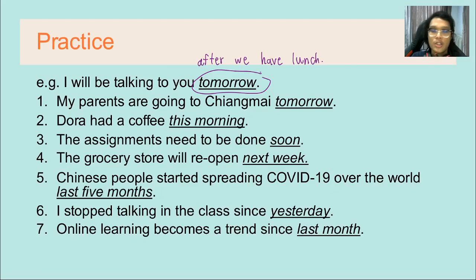That's what I want you to do. Just change the underlined words: tomorrow, this morning, soon, next week, last 5 months. You just change the last part of the sentence to an adverbial clause, and that's all.